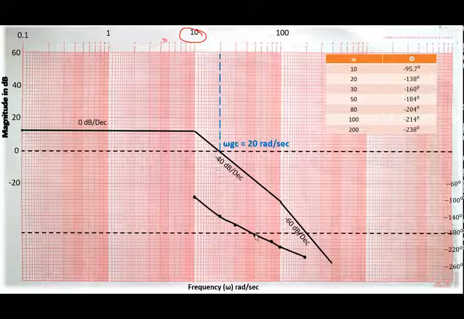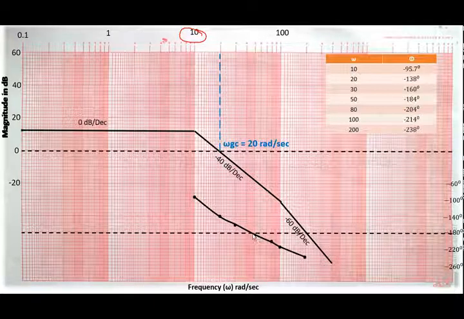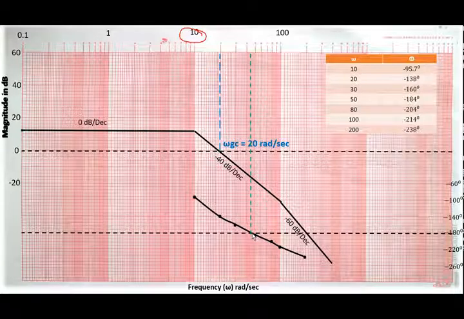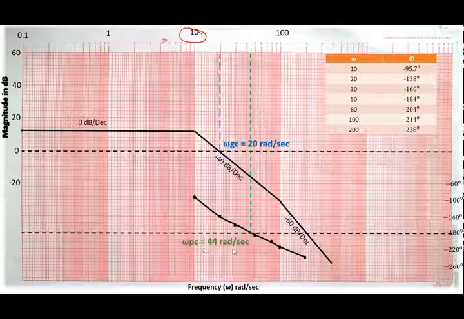In the same way, the phase crossover frequency can be obtained from the phase angle plot crossing the reference line, that is the minus 180 degree line. Here it is 44 or 45. The corresponding frequency gives the phase crossover frequency, that is 44 radian per second.